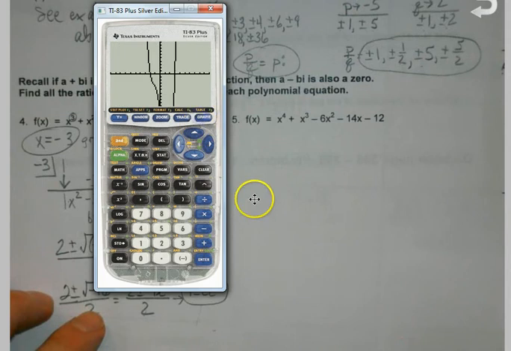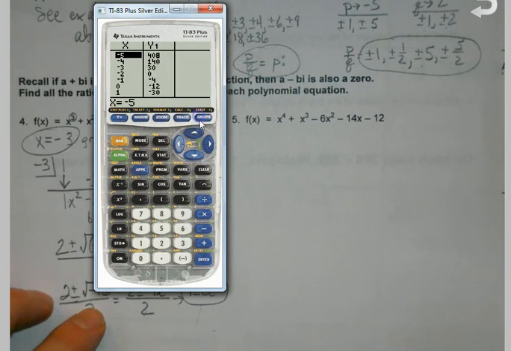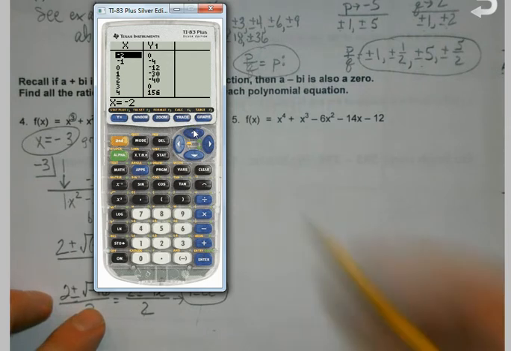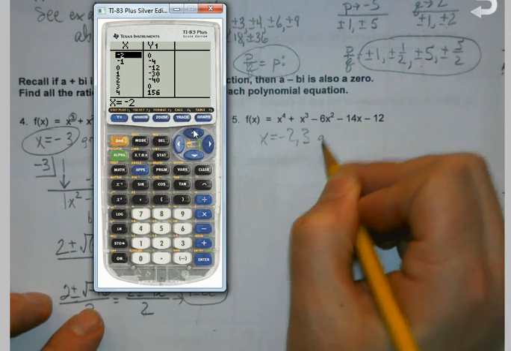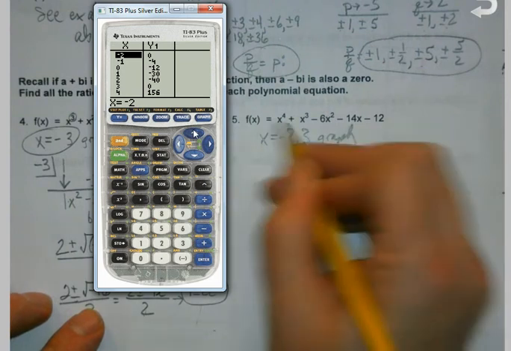All right, let's see. It looks like we're going to get 2 real ones this time. And my 2 real zeros look to be at -2 and 3. Okay, so I got those from the graph.